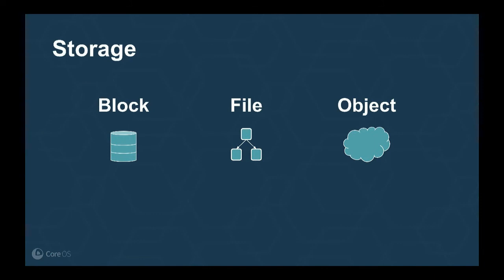It is presented to the virtual machine as raw storage, and the virtual machine can then format that block storage and present it to the application as a file system. You could have a file system on top of block inside the virtual machine, or you could use a network file system like NFS or GlusterFS to attach either virtual machines or containers.